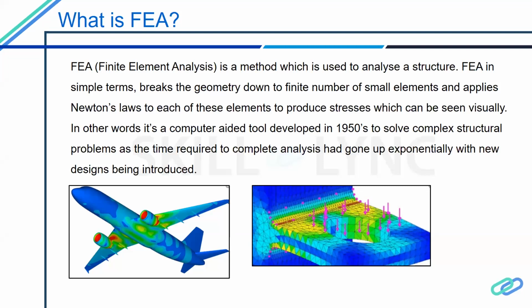If you take any structure, as per material science, all these objects are made up of small particles, of molecules and atoms, which are bonded together by forces of attraction. So in real life, this continuous approach is very difficult, and it's practically not possible to solve such a complex structure.